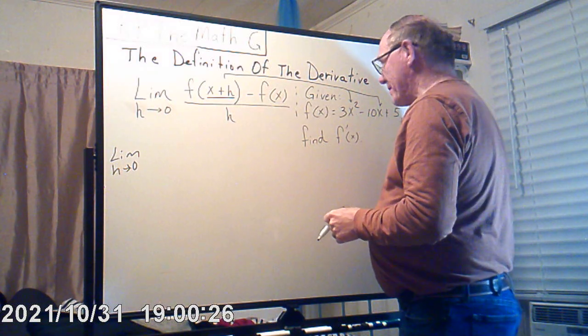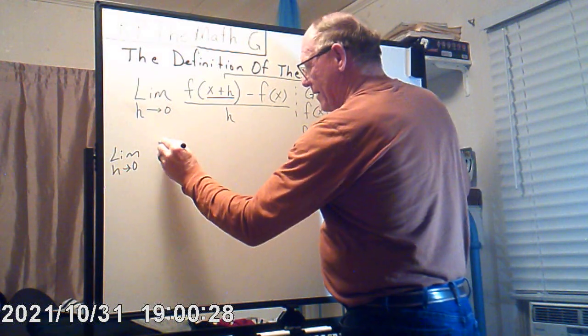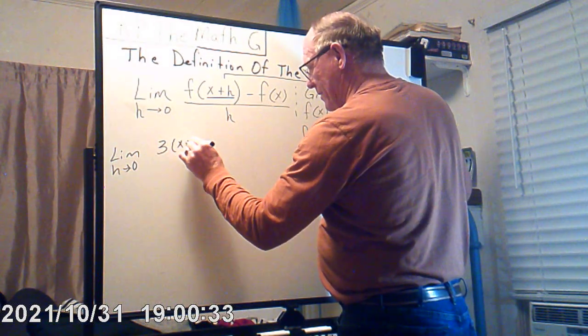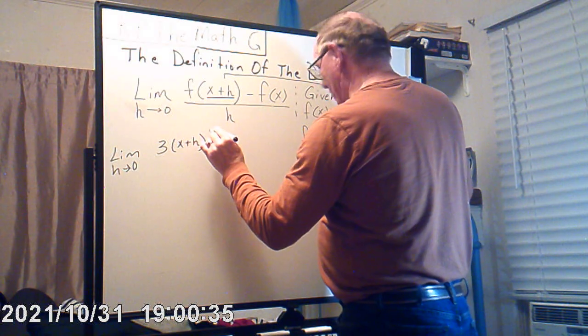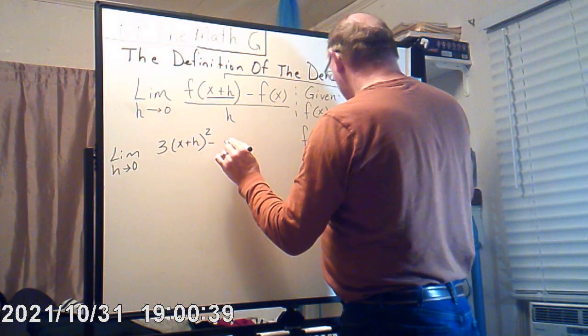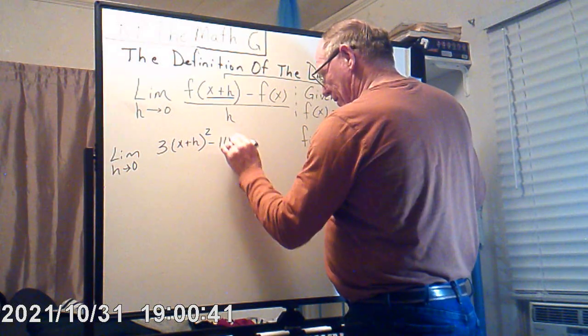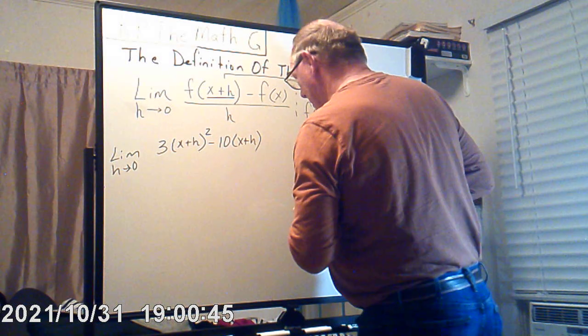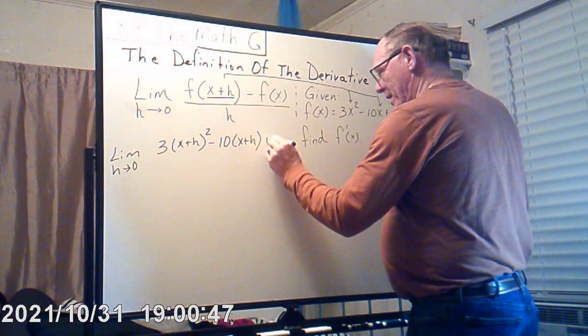Okay, so 3 times x plus h, and we're going to square that, minus 10 times x plus h, and then plus 5.